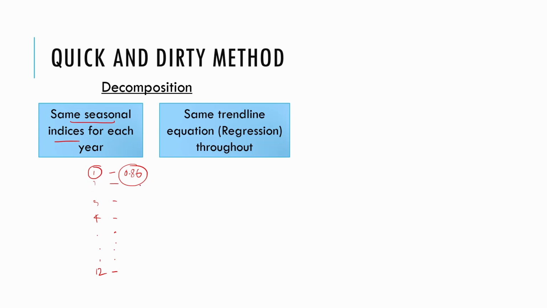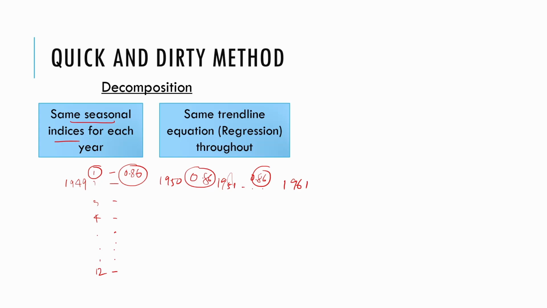So for all January, for 1949, 1950, 1951 up to 1961, for all the January, we are taking 0.86 as our seasonal index. So that means the method is kind of static.